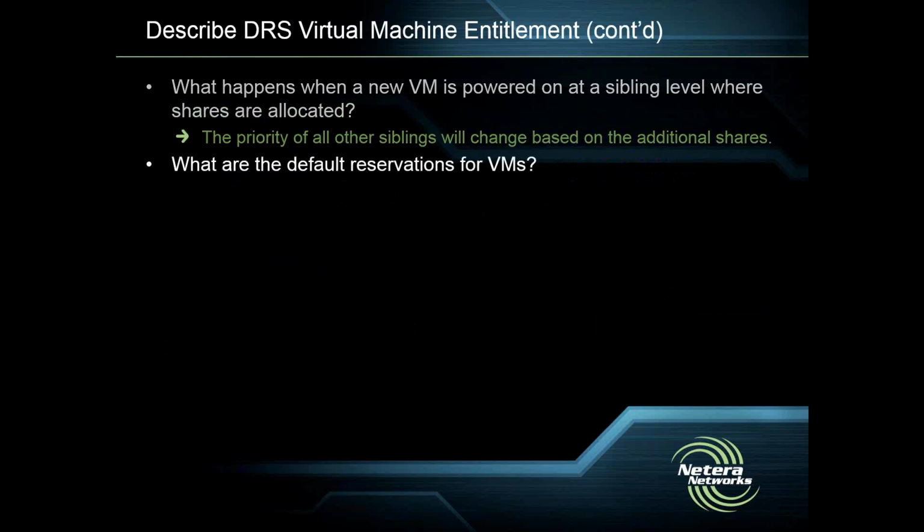And what are the default reservations for virtual machines? This is something you may very well see on the test. The idea is that without any static entitlements, shares, limits, or reservations, the default reservation is going to be 0.